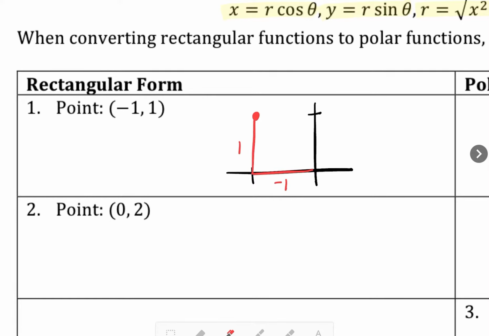And if I draw a radius to that point, I have a right triangle. Well, when we're going into polar form, I want (r, theta). So from this triangle, I really just need to find the radius and the angle of rotation from standard position.